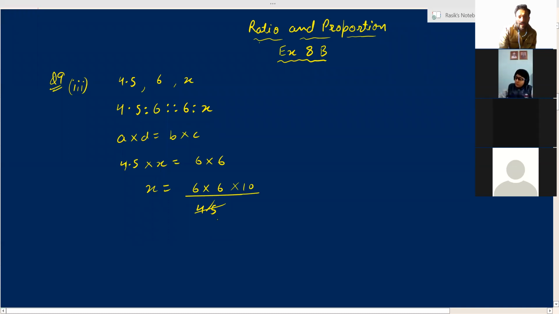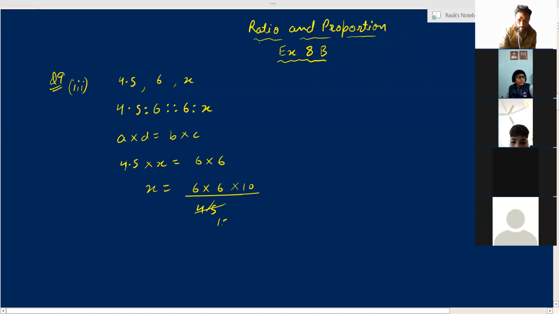So what do we get? We get 15, here we get 2. Again divide by 3, you get 2, here you get 5. So 10 divided by 5 is 2. So what is the answer? X equals to 8. Any doubt?